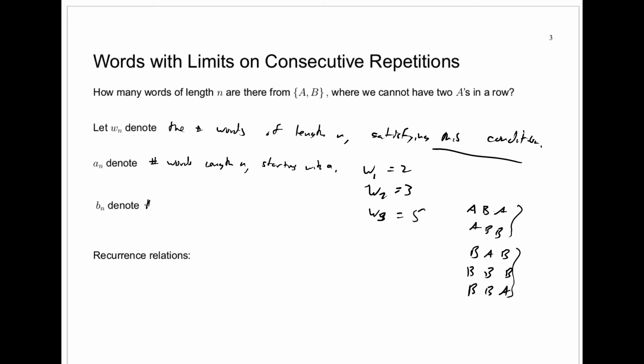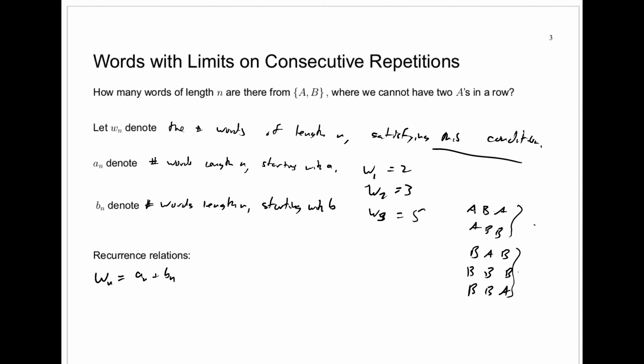B sub n similarly will denote the number of words of length n starting with B. And then immediately we're going to see we can start to build a recurrence relation by noting that W sub n is just A sub n plus B sub n, because every word either starts with an A or starts with a B. Here W3 was 2 plus 3. There are 2 that start with an A and 3 that start with a B.